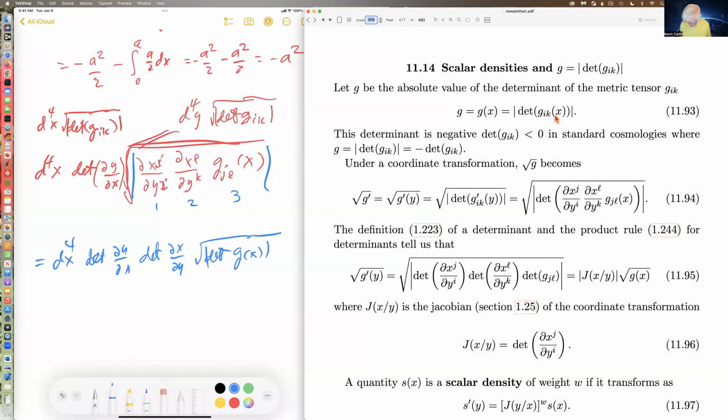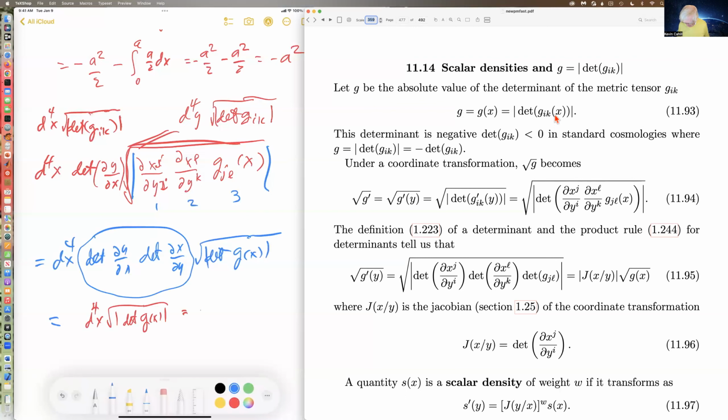And so these two determinants cancel, and what we get is d^4x square root of absolute value determinant g of x. So in other words, it is a scalar.